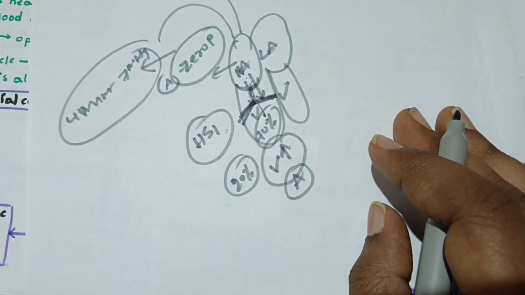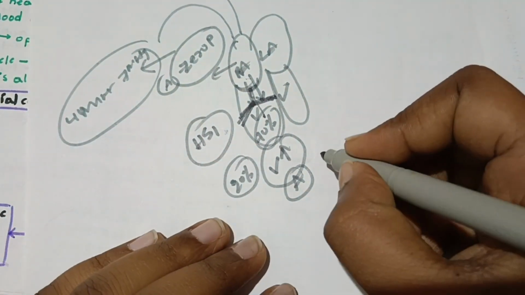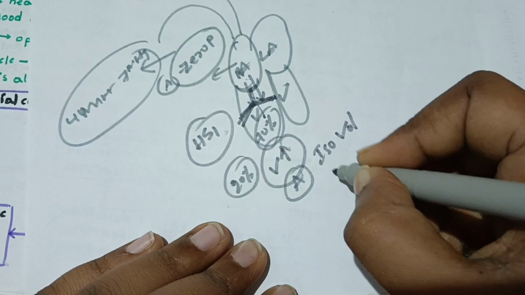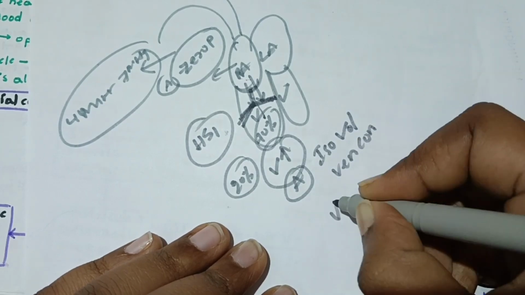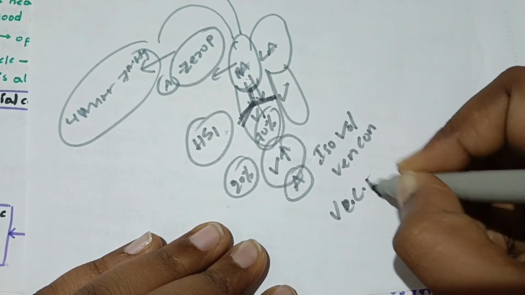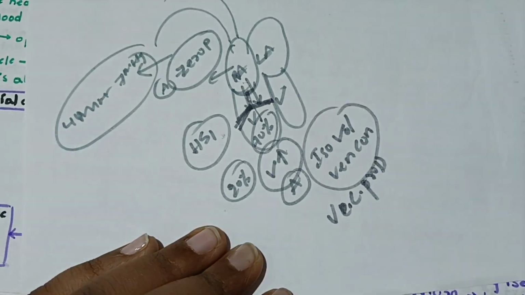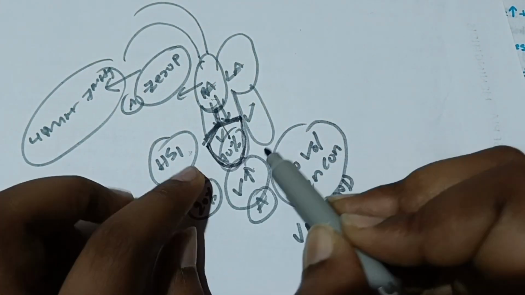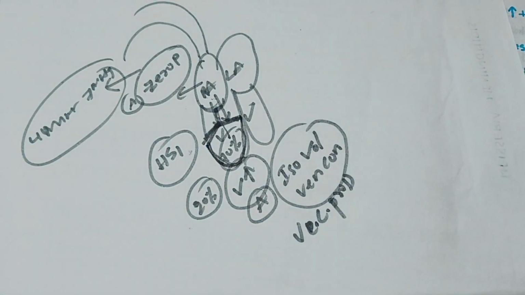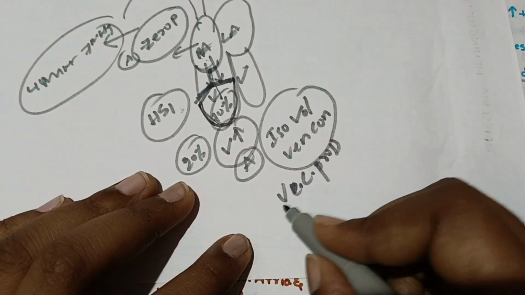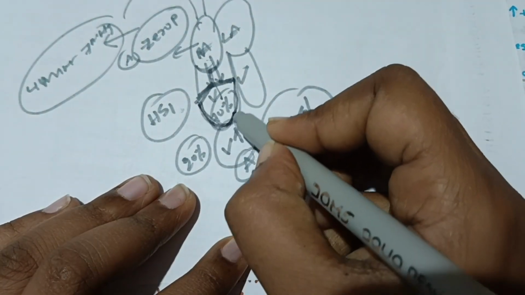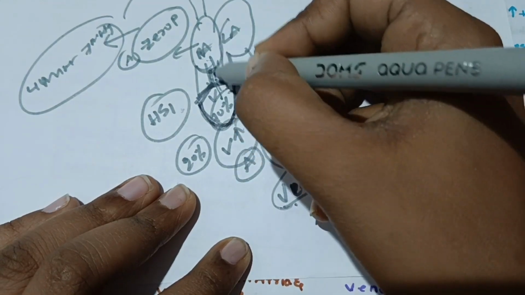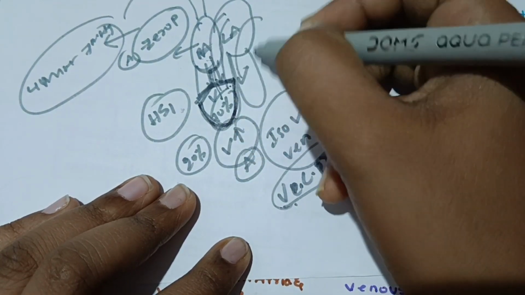Again, we have 2 phases in the ventricular contraction: isovolumetric ventricular contraction and ventricular contraction proper. In isovolumetric ventricular contraction, the ventricle contracts, but there is no change in the volume. In ventricular contraction proper, the blood goes into the pulmonary artery and the aorta.